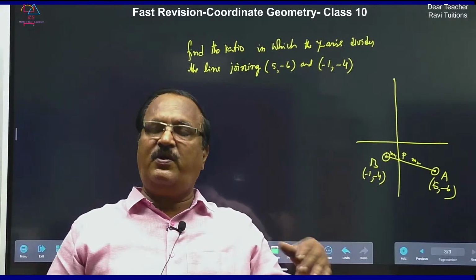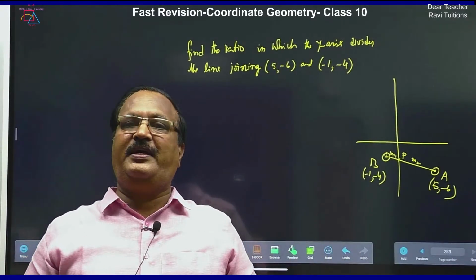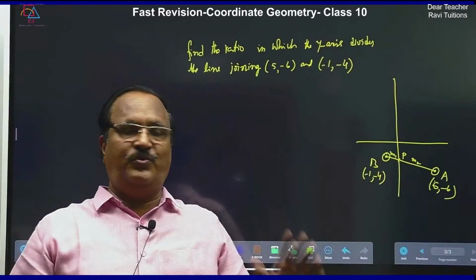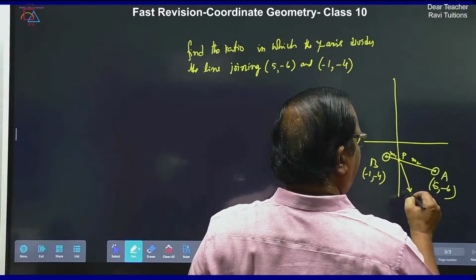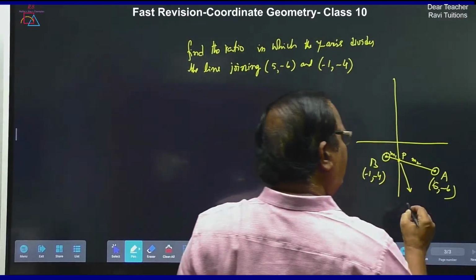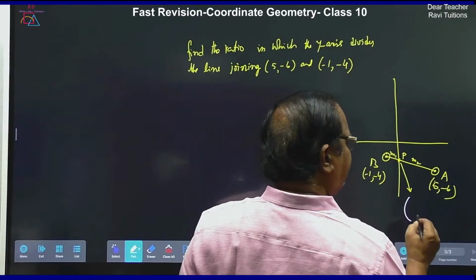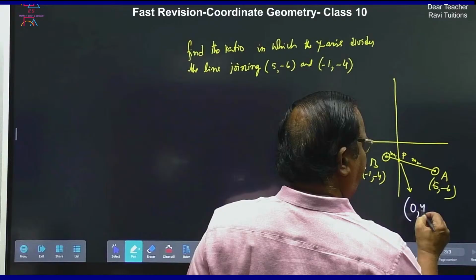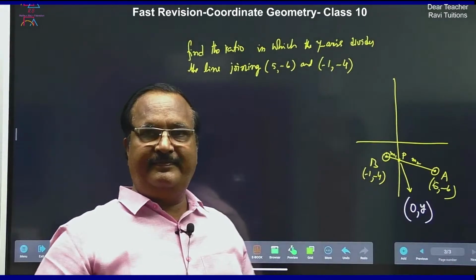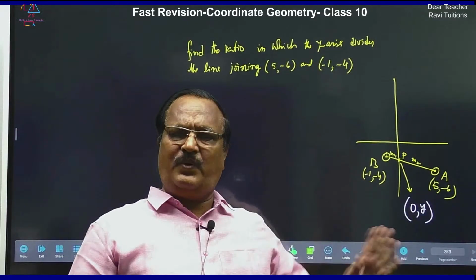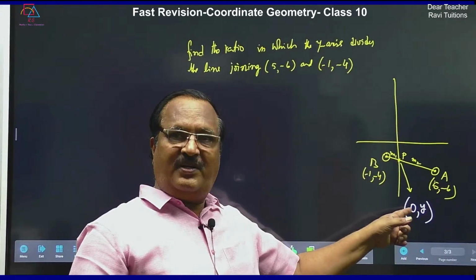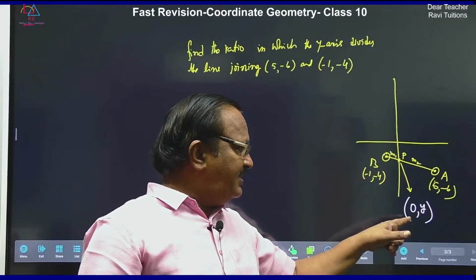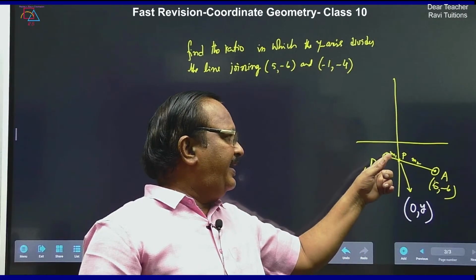Our target is to find M1 and M2. Now for P on the y-axis, x is 0 and y is something. That means one coordinate of P is 0. Using this 0 only, we will get M1 and M2.